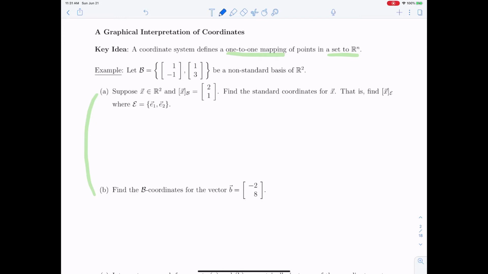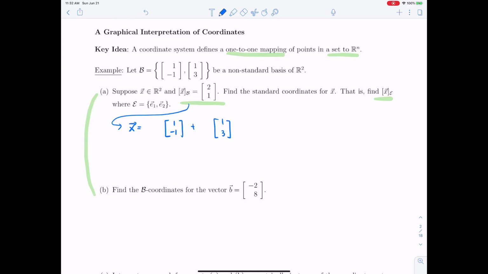Suppose that the B coordinate of x is given by 2 and 1. Then we want to find the coordinate representation for the standard unit vectors. By definition, the given vector x can be written as a linear combination of the vectors in B, which are given by 1, -1, and 1, 3.